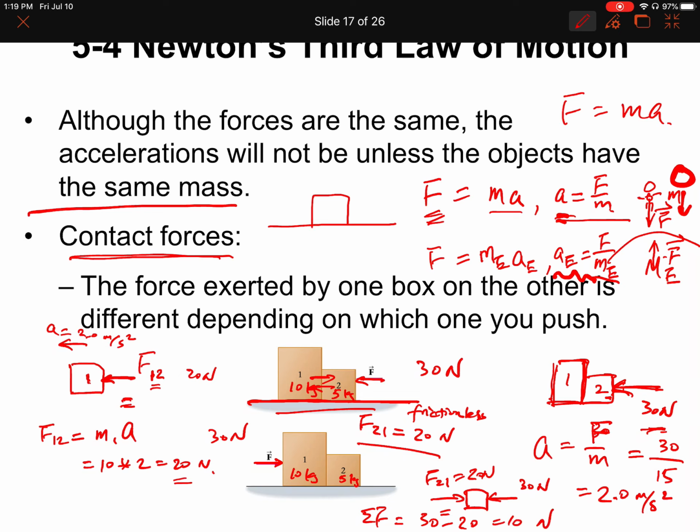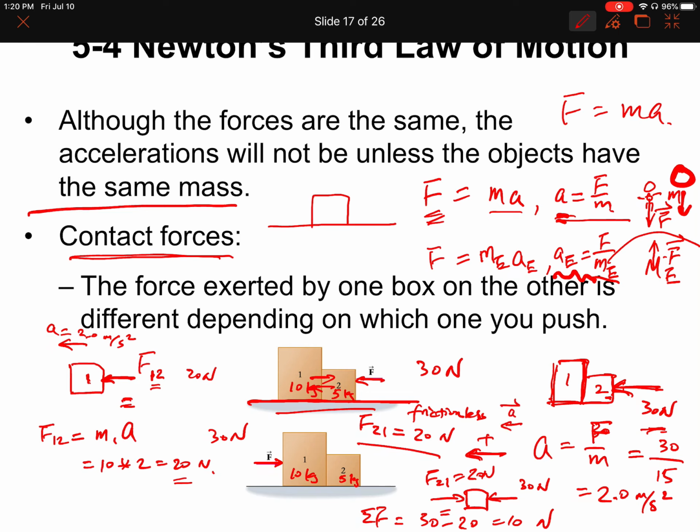Okay, assume this is the positive direction. So you have to do the subtraction because 20 Newton is towards the right, 30 Newton towards the left. Why do I make this a positive direction? I just want the acceleration to be positive. I want to build my coordinate system along the motion direction because A is in this direction.